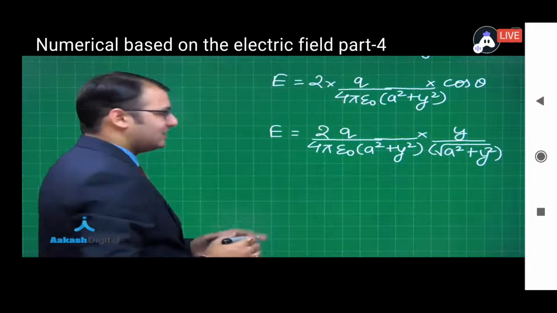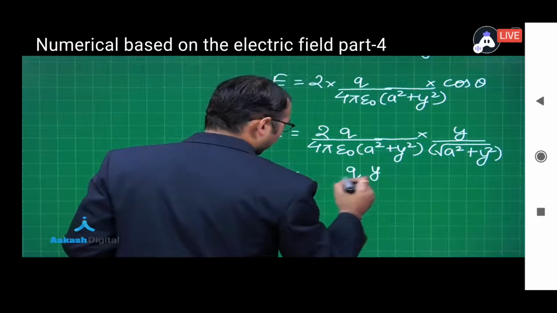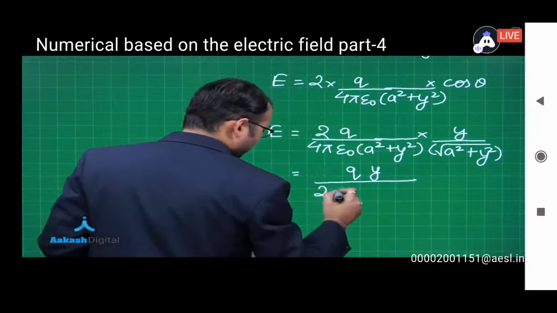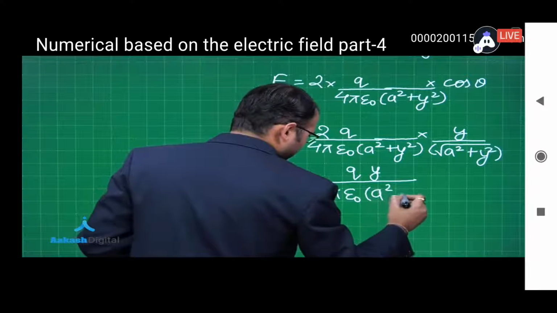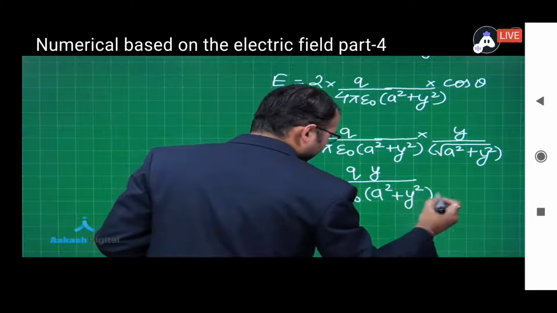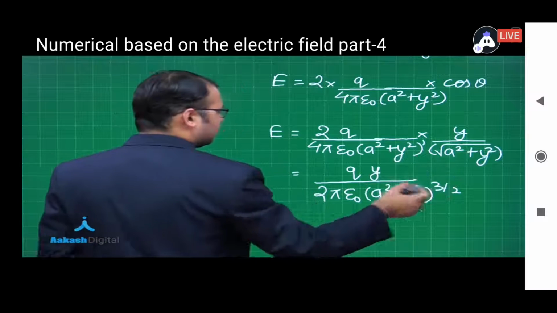Now the twist starts. If you just simplify this one, you will get q y upon 2 pi epsilon naught into a square plus y square power 3 by 2. This is power 1 and this is half, so it will be 3 by 2.